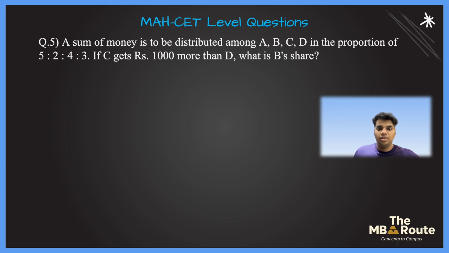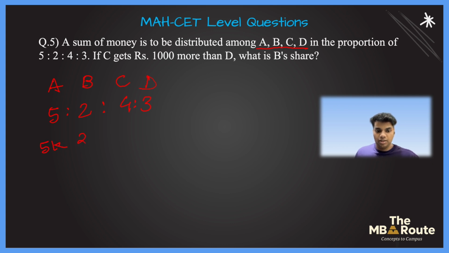A sum of money is to be distributed among A, B, C, D in the proportion of 5:2:4:3. Here the ratio is comparing 4 quantities. If C gets 1000 more than D, what is B's share? A good question. So let's note down the data first. It is 5:2:4:3. Let's take the common multiple k.